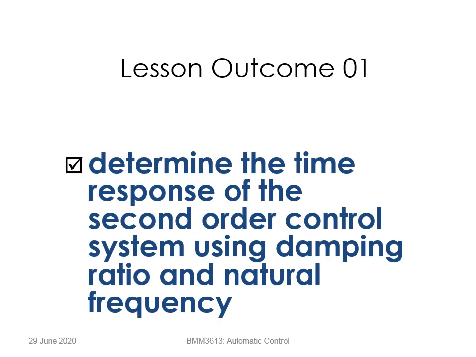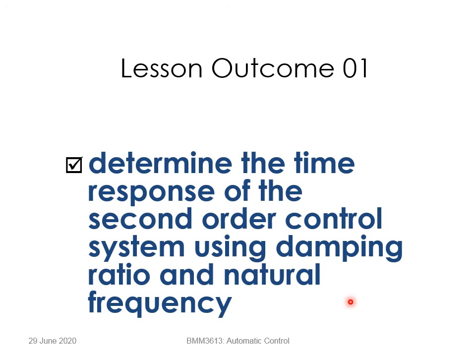So basically that's all about second order time response. In this particular video lecture, we have looked at the definition of damping ratio and natural frequency, and we have used them to rewrite our transfer function. We also wrote the expression of the poles using the parameters of natural frequency omega n and damping ratio zeta.